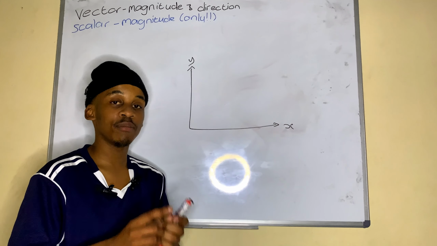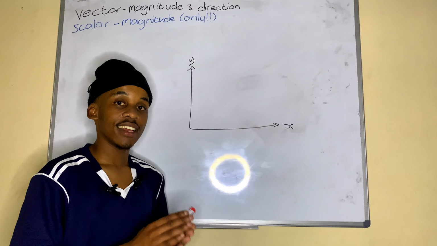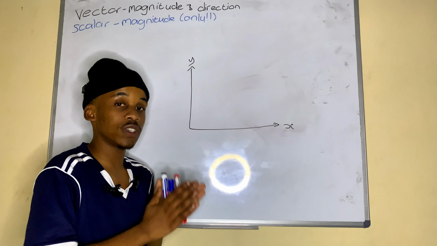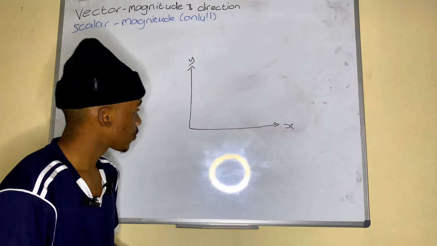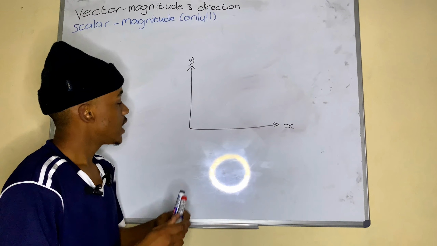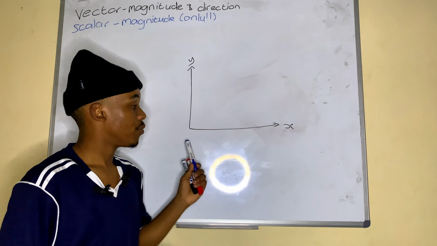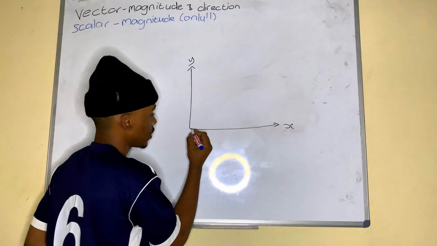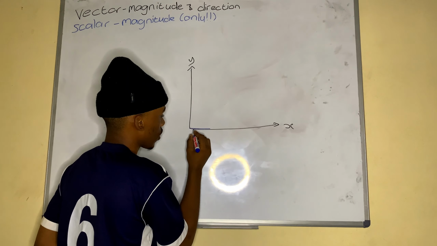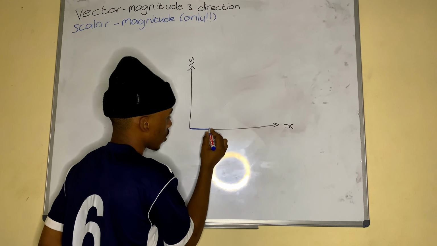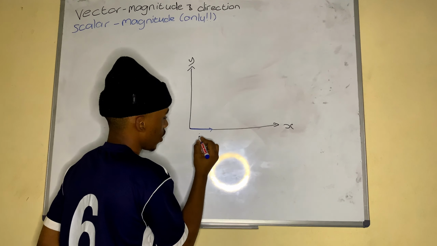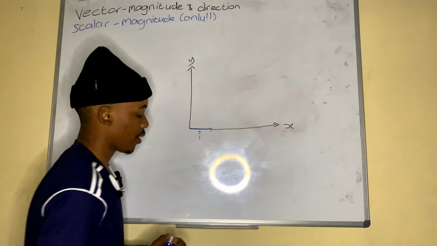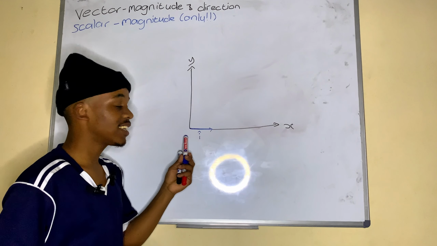So a unit vector has a magnitude of 1 and is a vector that is used to show direction. So in a 2D rectangular coordinate system, our unit vectors would be I cap, which has a magnitude of 1.